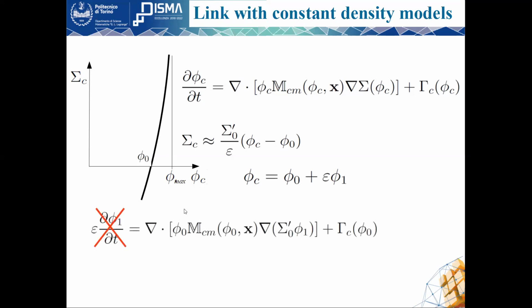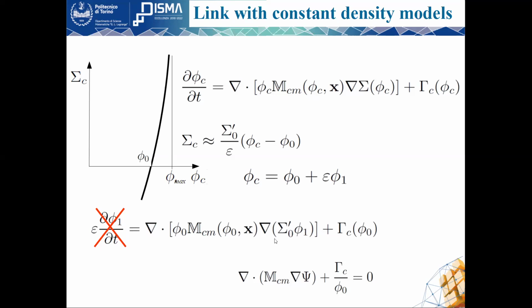If you do that and substitute into the equation, on the left-hand side you have epsilon P1 over T, and on the right-hand side, to first order, you only get something constant. This sigma prime 0 is constant, plus the growth term. By playing with the variables and defining this psi m, sigma prime 0 P1.